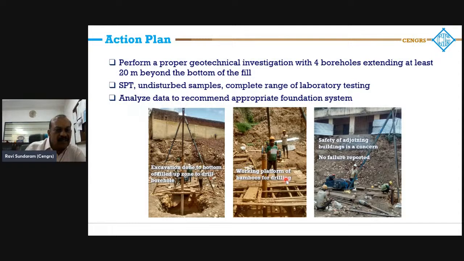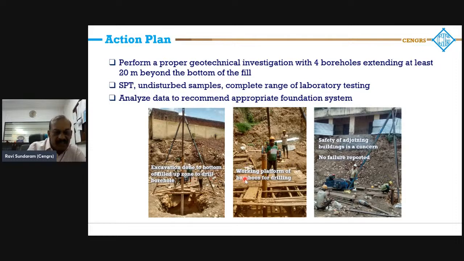So the action plan here: we perform a proper geotechnical investigation with four boreholes extending to at least 20-meter depth beyond the bottom of the fill. So perform SPT, undisturbed soil samples, and the complete range of lab testing, and analyze data. So you can see here the excavation which had been done.